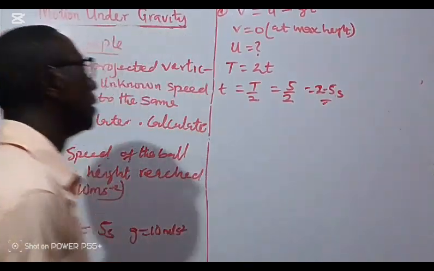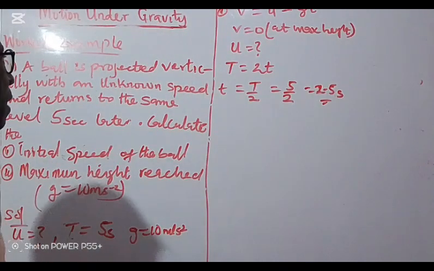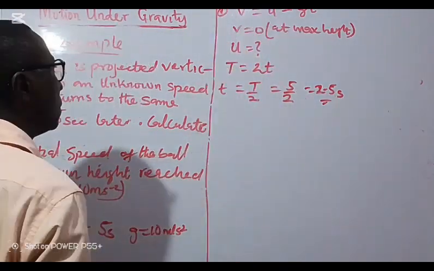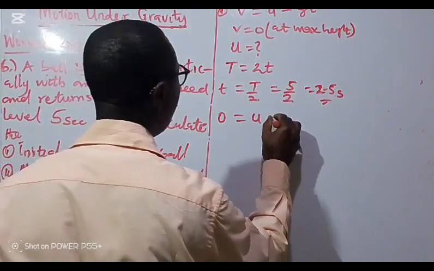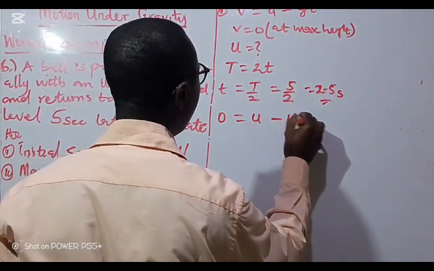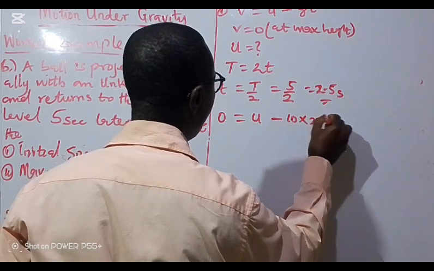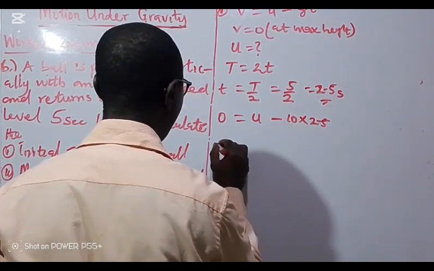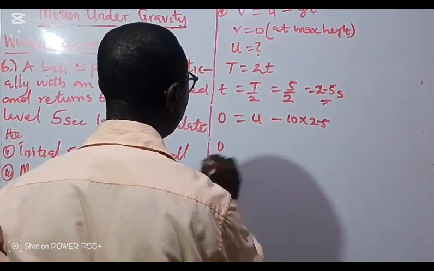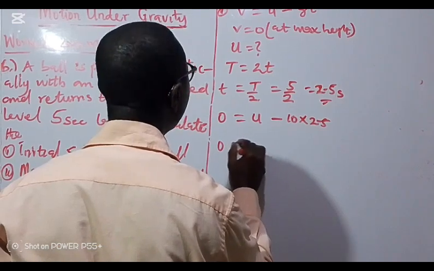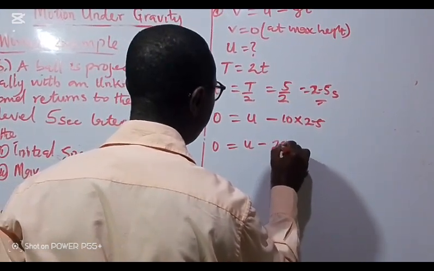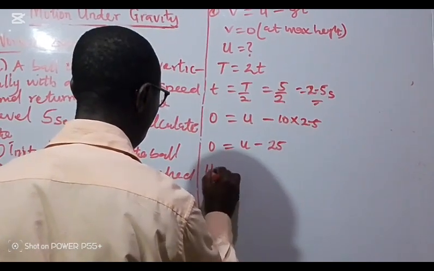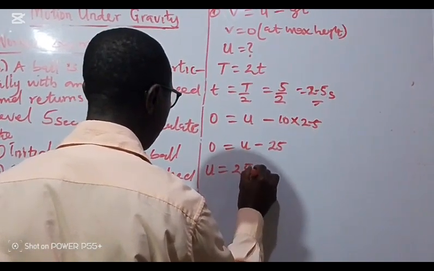If that is the case, to calculate u, 0 is equal to u minus 10 multiplied by 2.5. So 0 is equal to u minus 25. Therefore, u will be equal to 25 meters per second.